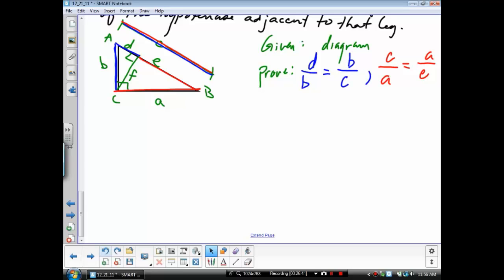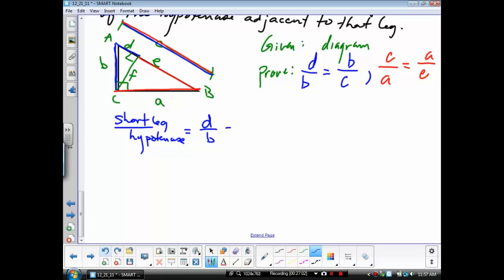We have short leg to hypotenuse when we go D to B. And in the original right triangle, short leg to hypotenuse would be B to C.